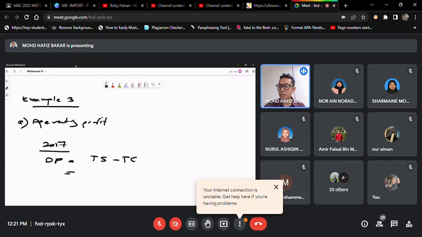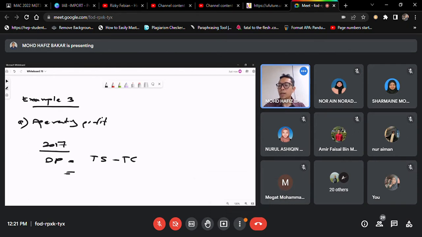Okay, because they already shortcut kan. Dia dah bundarkan kan. Okay, 1,200,000. Kalau variable cost tu is actually 600,000. Kalau you perasan dekat sebelah period tu 2017 tu, ada in bracket RM, ada 000.